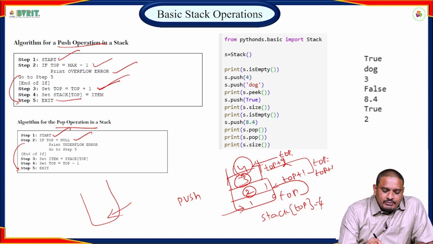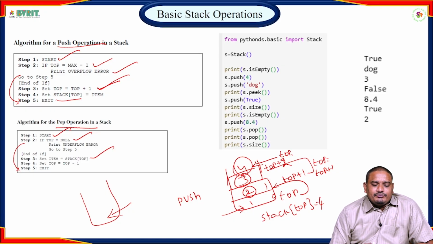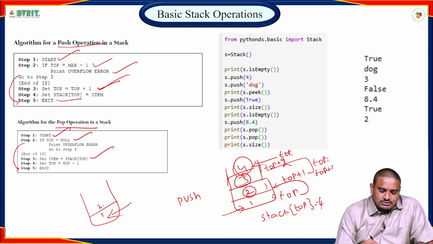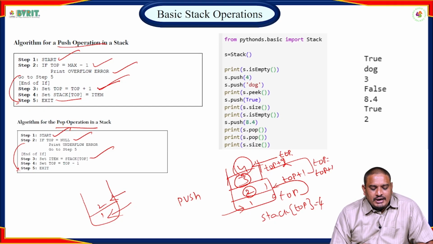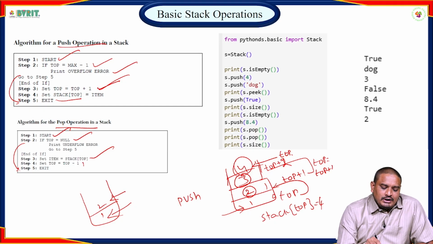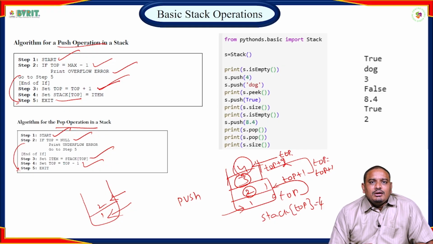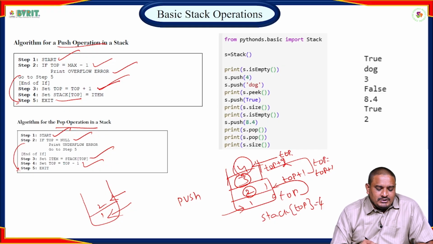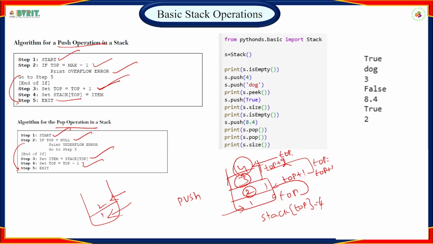If item equal to stack of top, the item at the top position, we remove the top element every time. That is top equal to top minus 1. That is the push operation and pop operation.